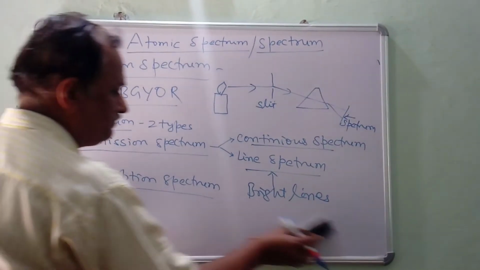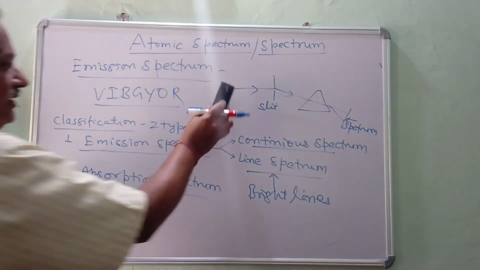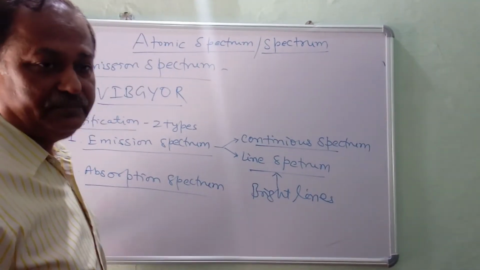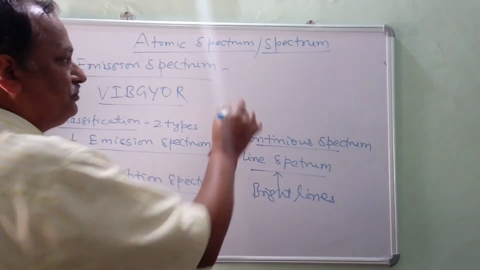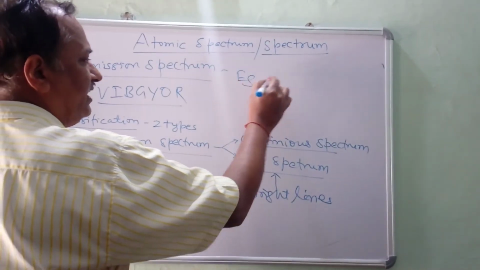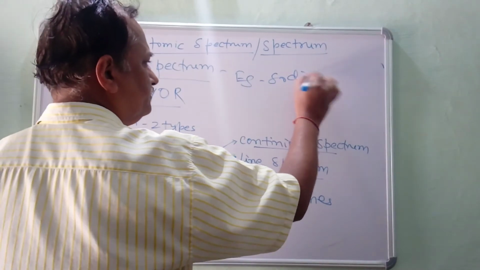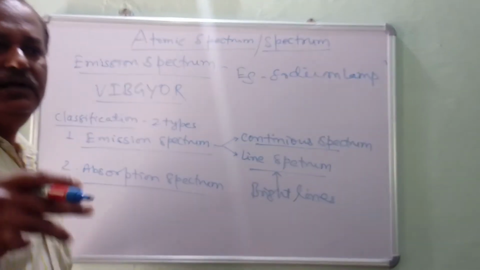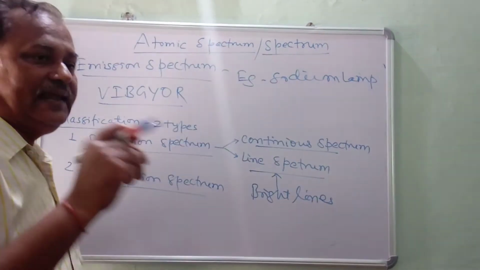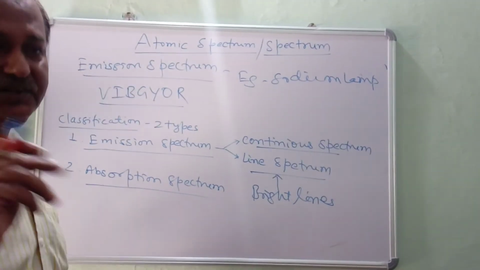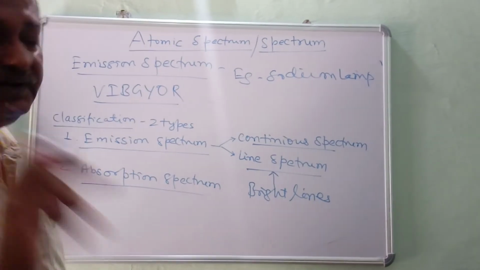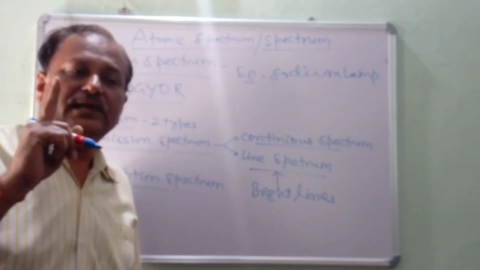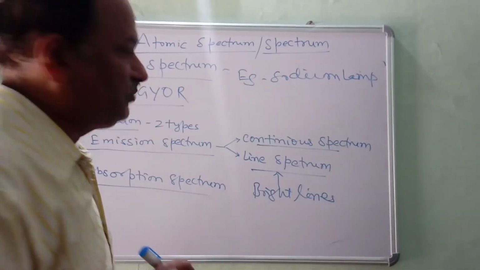For example, in case of a sodium lamp, you must be knowing vapor lamp, sodium vapor lamp, mercury vapor lamp. So for example, in case of a sodium lamp or halogen bulb, if the light is passed through a spectroscope or a spectrometer, then the sodium atoms on excitation give the yellow color.